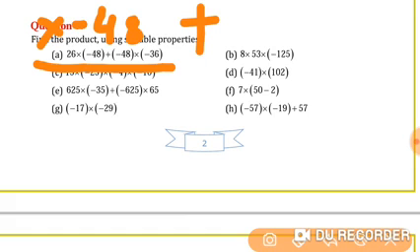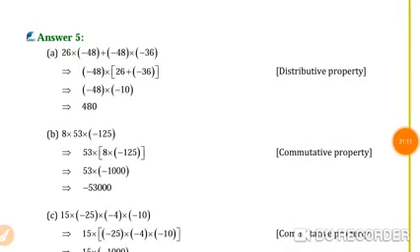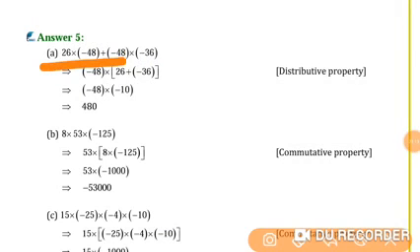How? Taking minus 48 outside, and 26 and minus 36 we can add. So this is the distributive property. Minus 48 is common, taking it outside, and 26 plus minus 36 in the bracket.